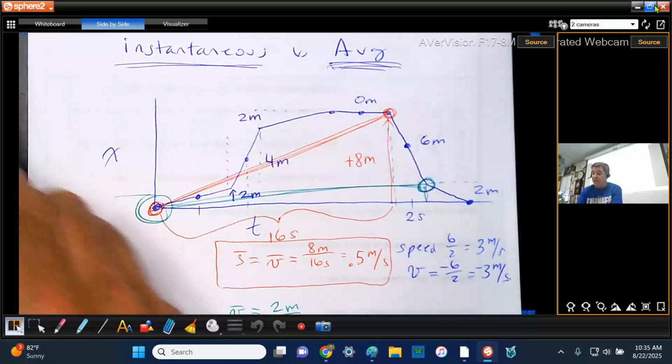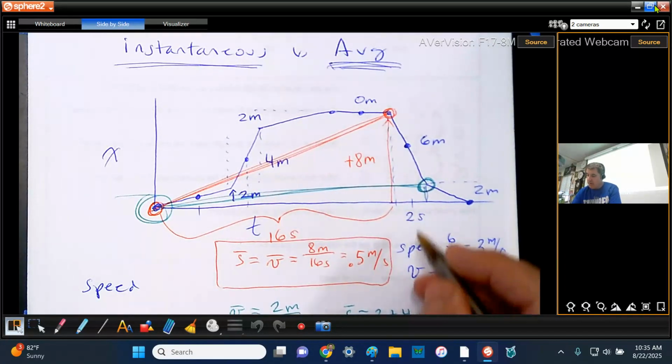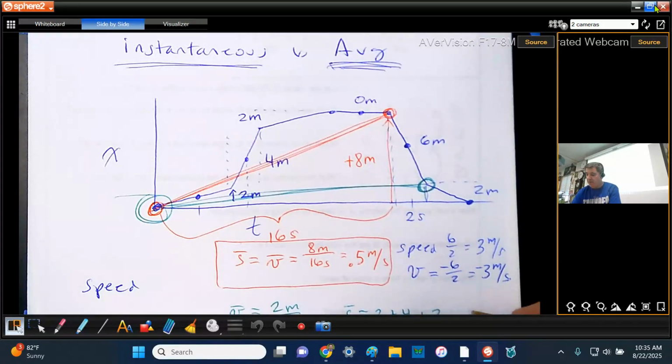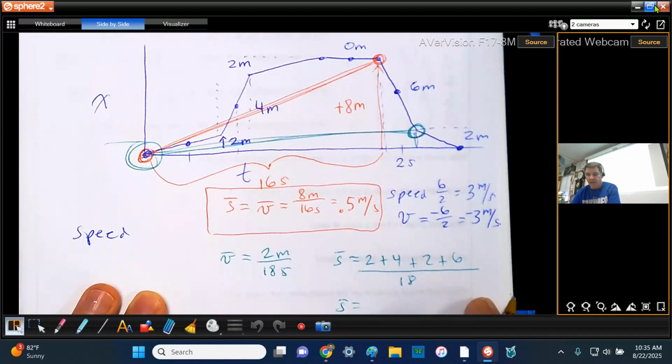What would my average speed be for this? My average speed for this would be equal to, I went up 2, I went up 4, I went up 2 more, and then I went down 6. If I went down 6 in speed, I keep it positive. So this is going to be 2 plus 4 is 6, plus 2 is 8, plus 6 is 14 over 18. So my average speed would be 14 over 18.